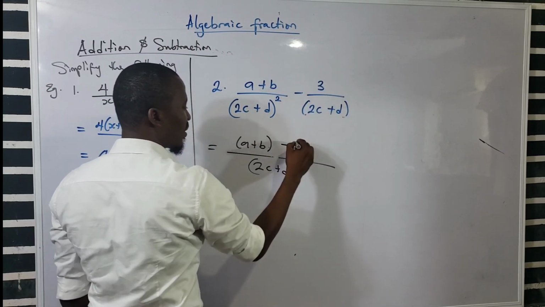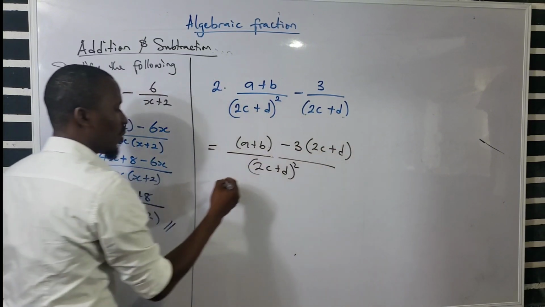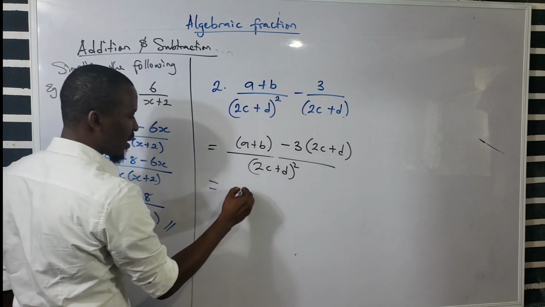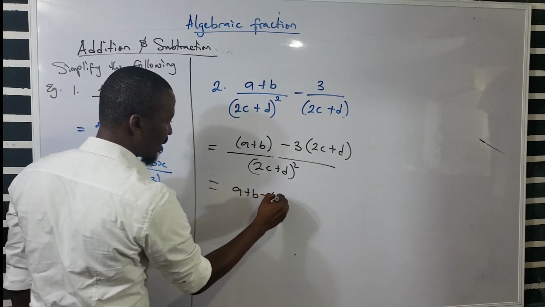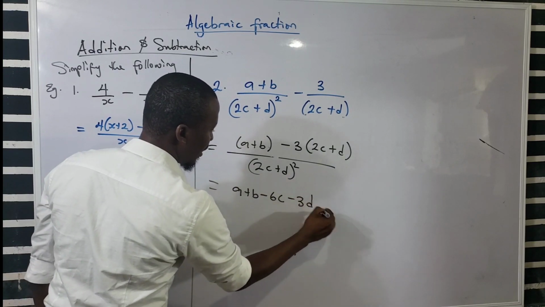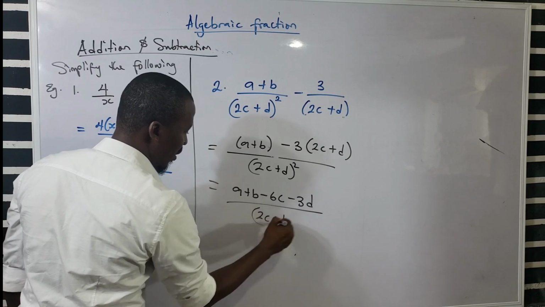One of these times this will give us 3 into 2c plus d. So open your bracket at the numerator. That will give us a plus b minus 6c minus 3d, all over (2c plus d) all squared.